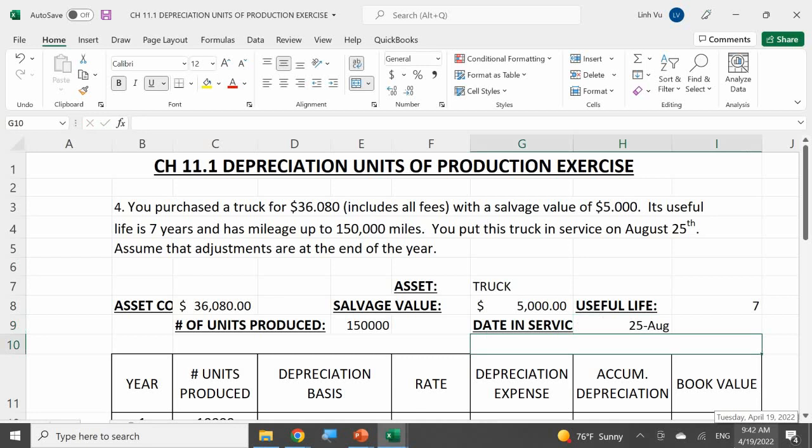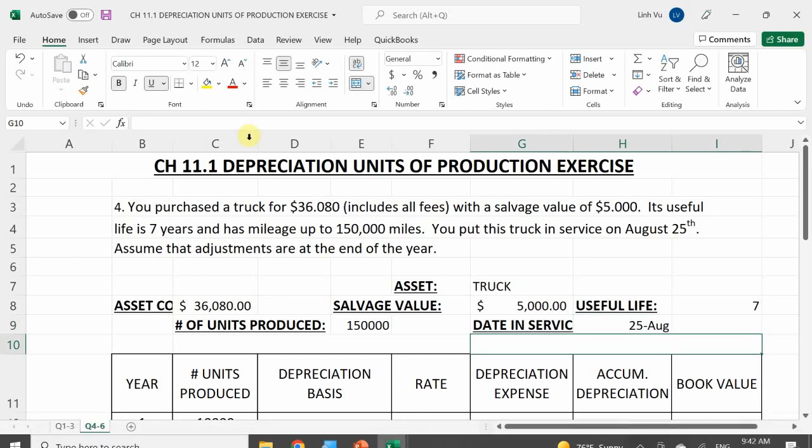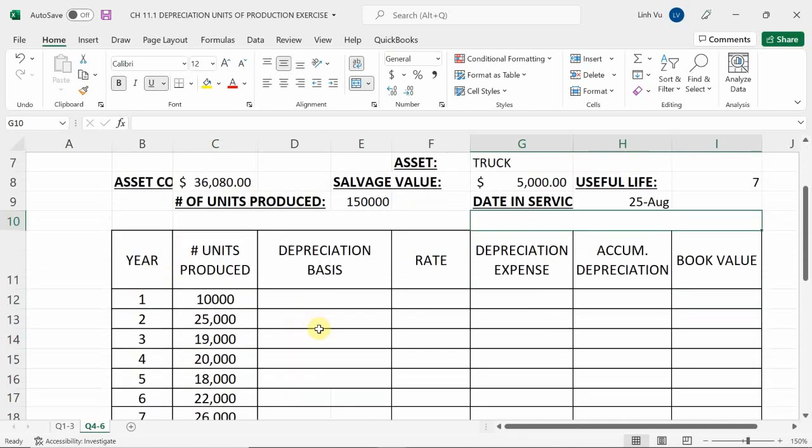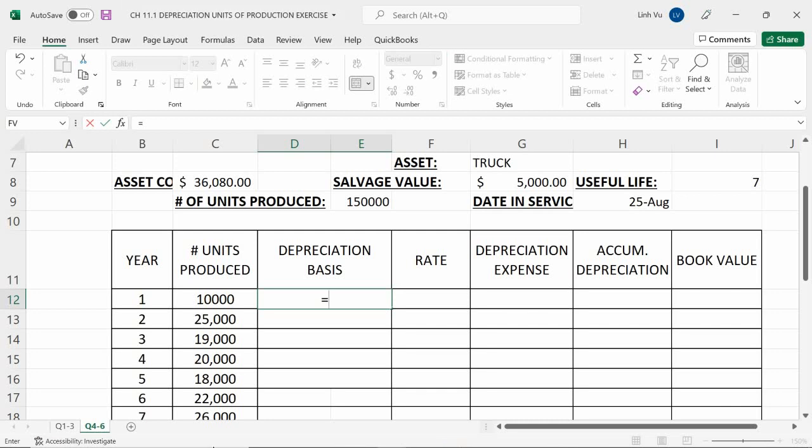Okay, so let's take a look. The first year you drove 10,000 miles. So let's go ahead and determine the depreciation basis. What's my depreciation basis? 5,000. That's salvage value.